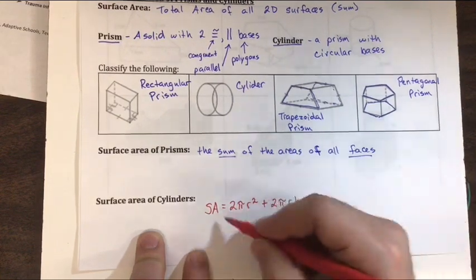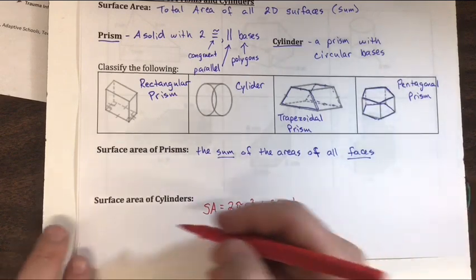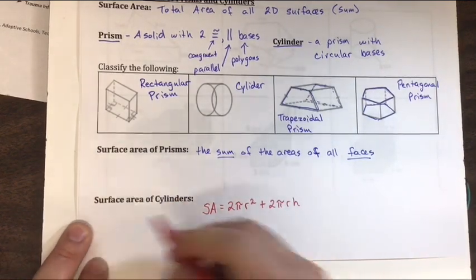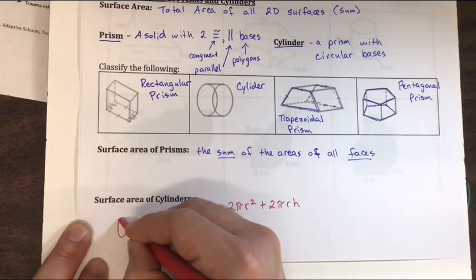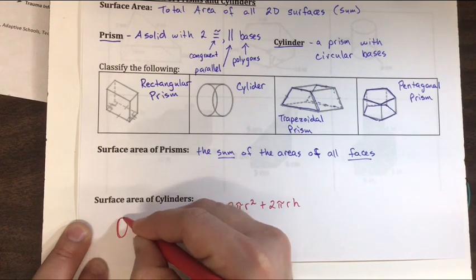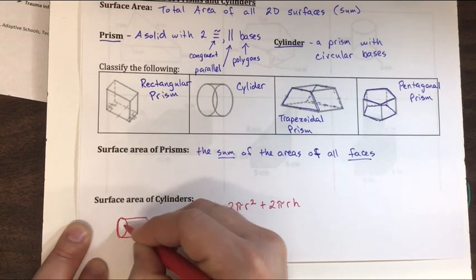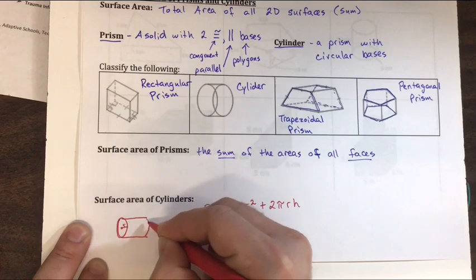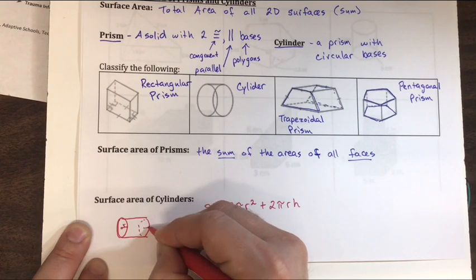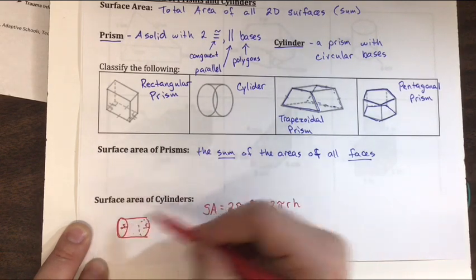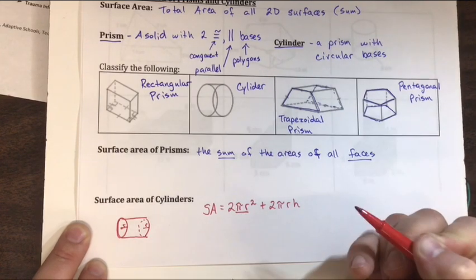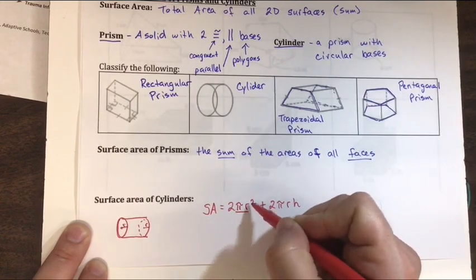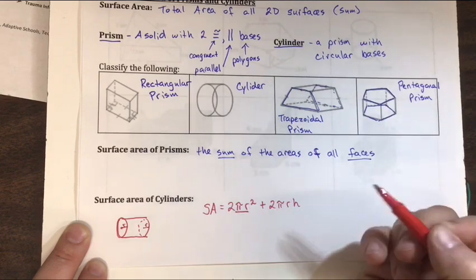I'm going to explain where this comes from a little bit more in class, but basically this 2 pi r squared is because at the bases of a cylinder we have a circle. So there are 2 pi r squareds. There are 2 areas of a circle. Pi r squared is the area of a circle, so that's 2 times that.